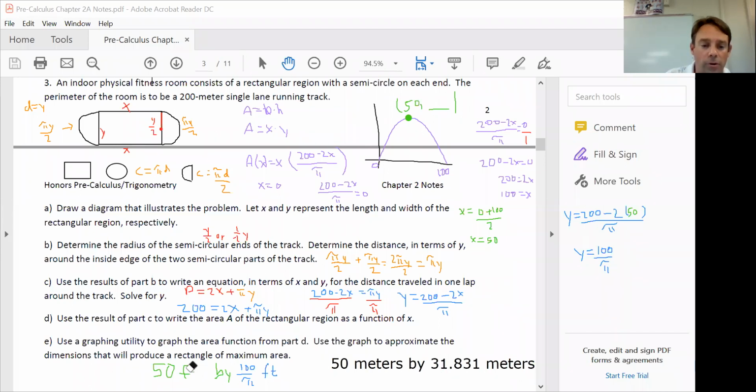Well, let's just change that to meters real quick, just to make sure that it looks good here. Put an M there, and we'll put an M there.